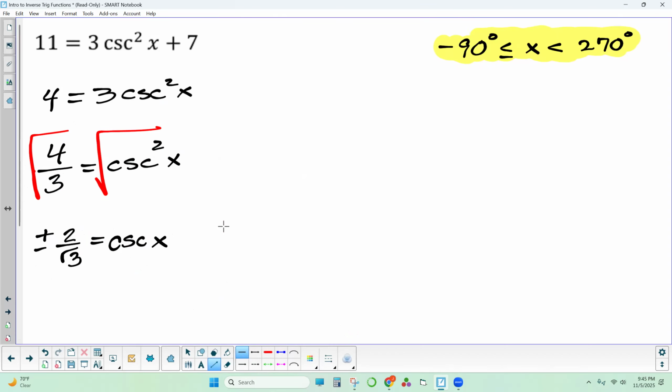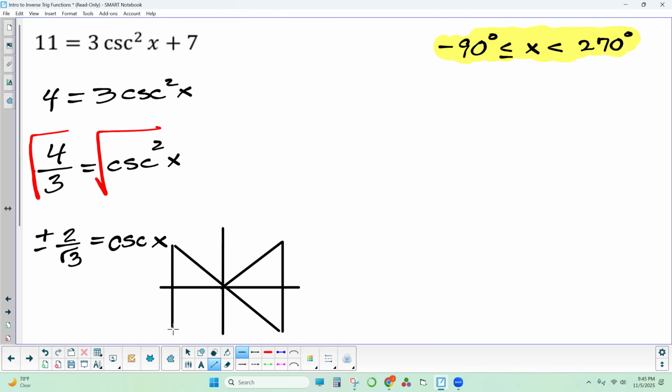So now I'm looking for where cosecant is positive and negative. If I were to draw this out, and I always like to draw these out, I don't want to assume everybody memorizes all of these on the unit circle. So I draw it out just for a visual here.